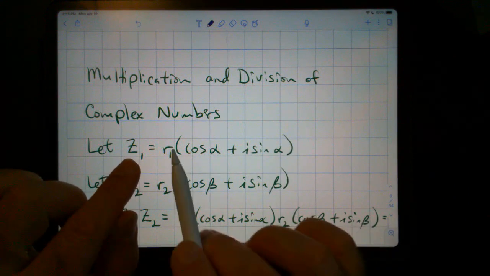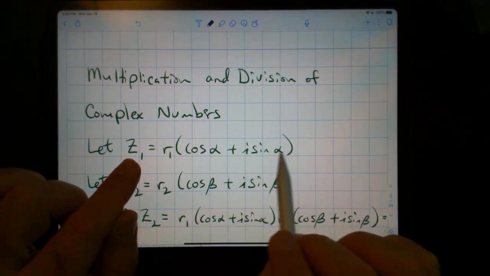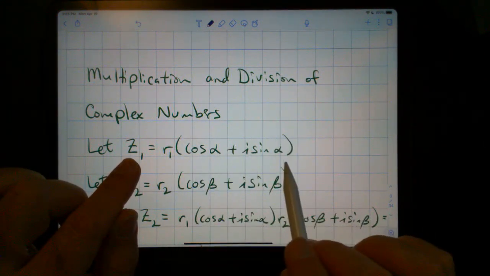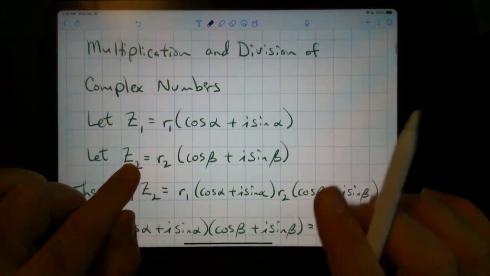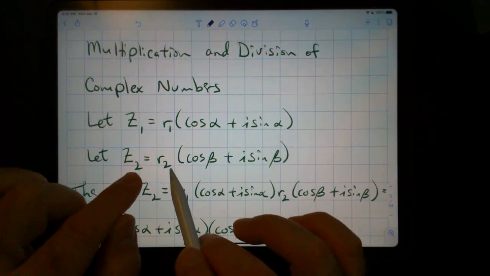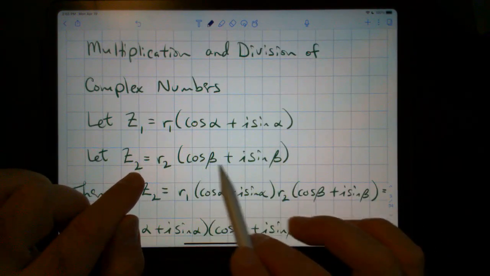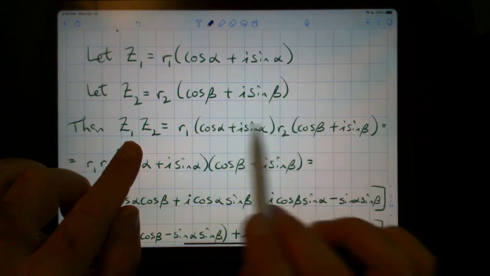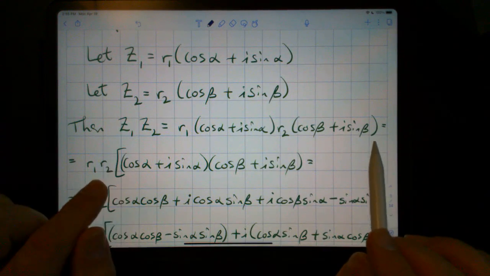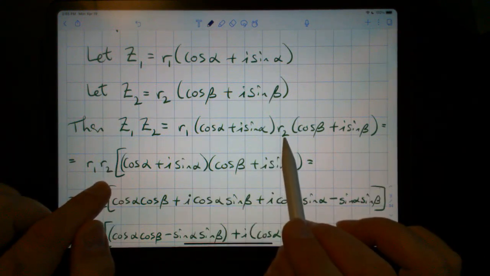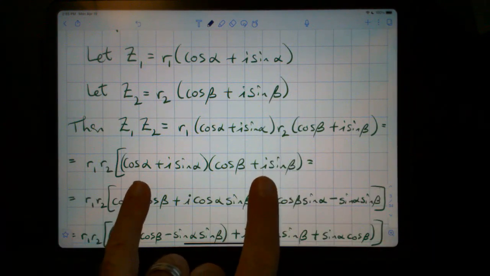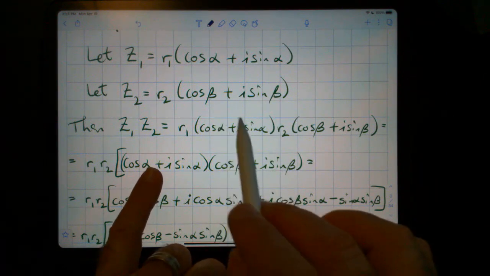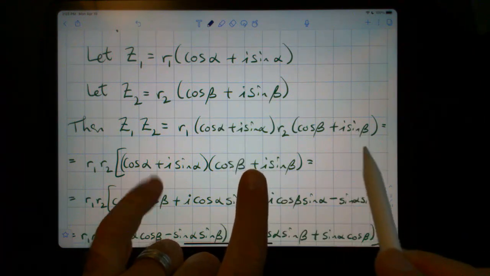So if z1 is equal to r1 times cosine alpha plus i sine alpha, and if z2 is equal to r2 times cosine beta plus i sine beta, then when you multiply the two together, you have r1 times r2 times all of this item times all of this item.